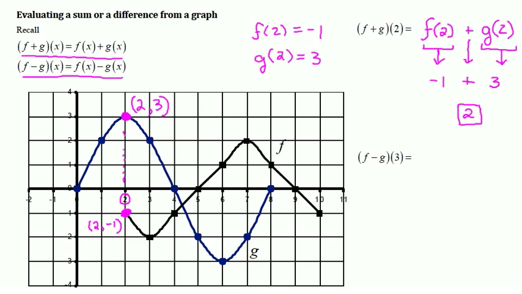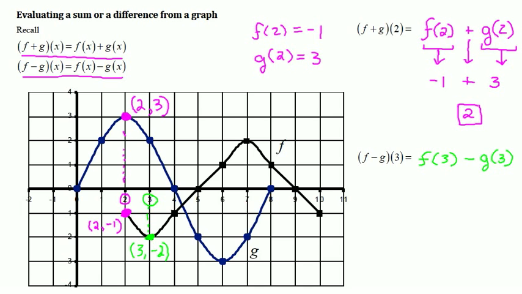So I'm going to do the same thing now for f minus g of 3, this time finding f of 3 minus g of 3. So starting at x equals 3, I trace first to the graph of f, and I find the ordered pair 3, negative 2.